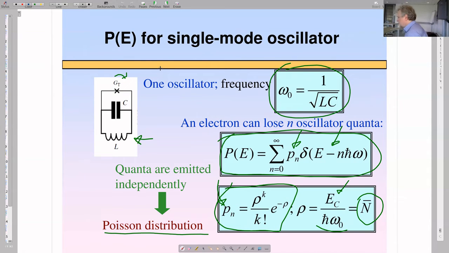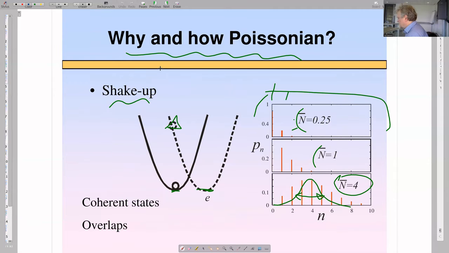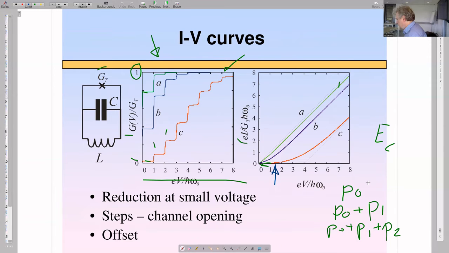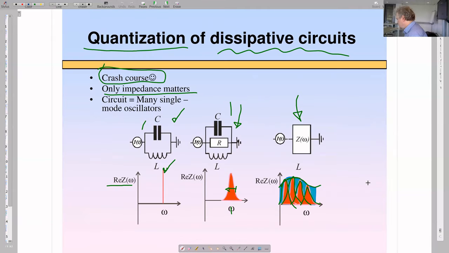Right, we looked at this probability for a single mode oscillator, where energy loss is quantized, corresponding to different numbers of oscillating quanta. We looked at different illustrations. We understand there's a limit of weak interaction and a strong interaction limit.